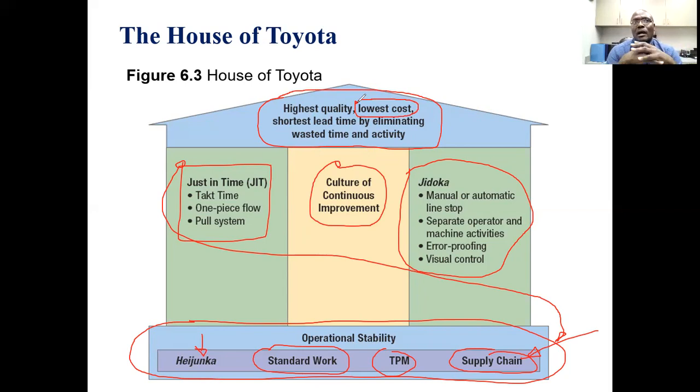Toyota vehicles are relatively affordable. They're not cheap, but they're relatively affordable compared to other vehicles on the market. That's because this push for continuous improvement has dropped the costs associated with manufacturing their vehicles, while not harming the level of quality that they've been able to accomplish.